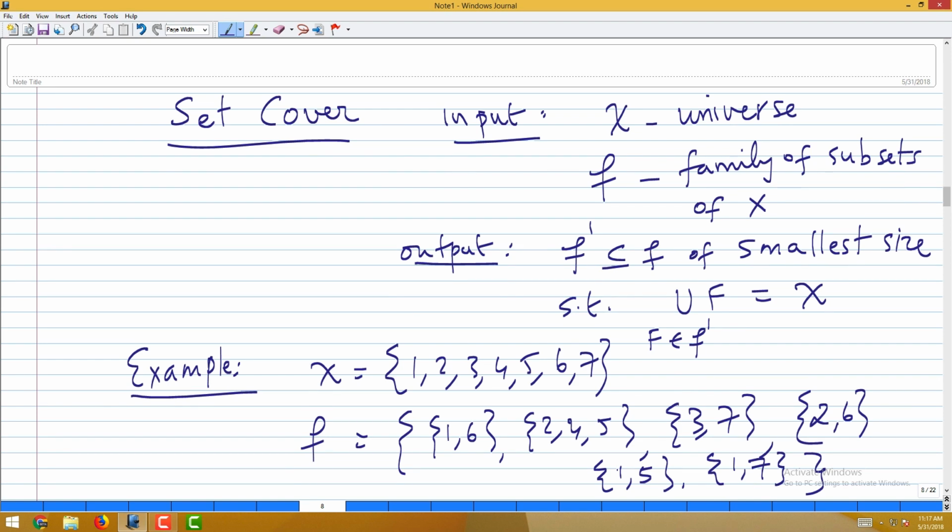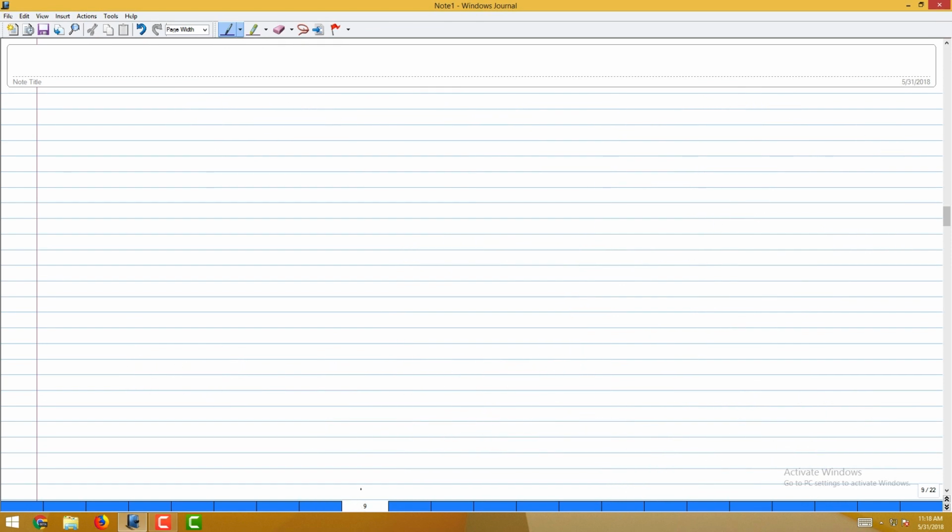So, what would be a natural greedy algorithm? Take the set which has the largest number of elements, and repeat. Basically, every time you pick the set with the largest number of uncovered elements, because these elements are covered. Now, among the remaining sets, pick the one which has the largest number of uncovered elements.